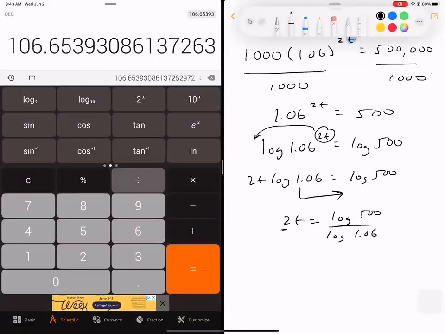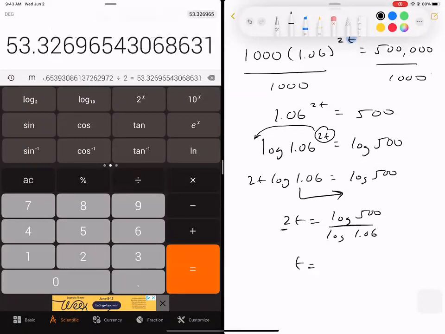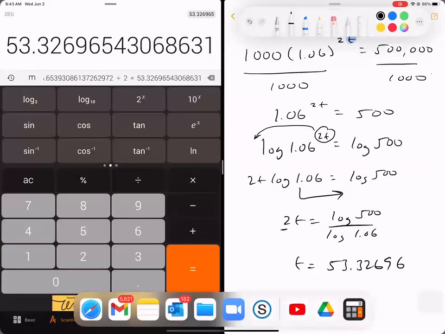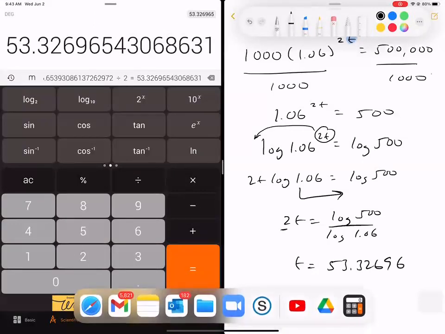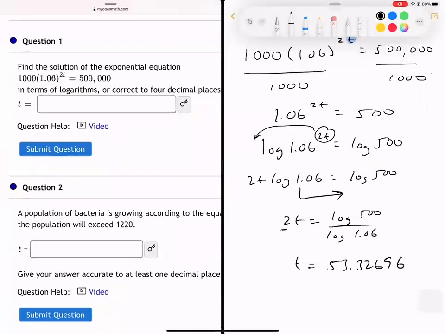Divide this by this 2 here. So we end up with t is equal to 53.32696. The question asked me to round to the nearest, I think, fourth decimal place. So we're going to take it all the way to here, rounding up. 53.3269 rounding up becomes 53.3270.